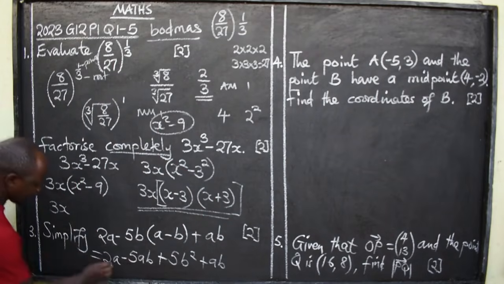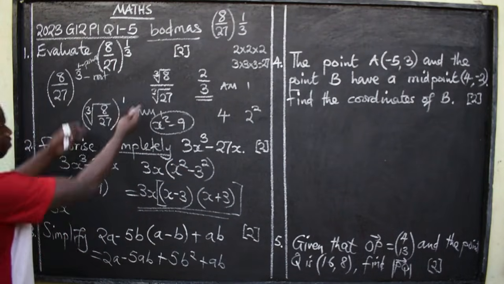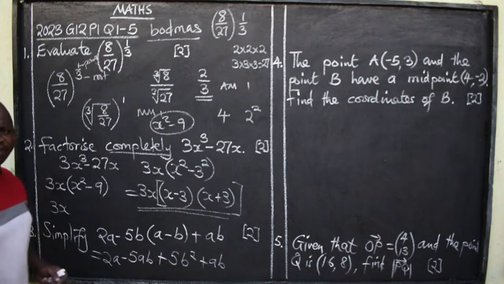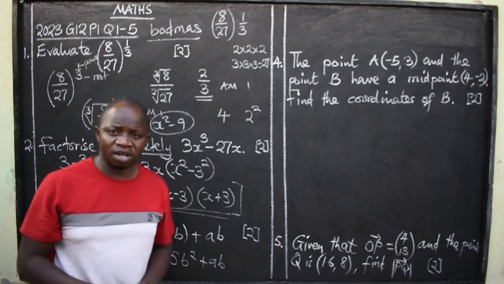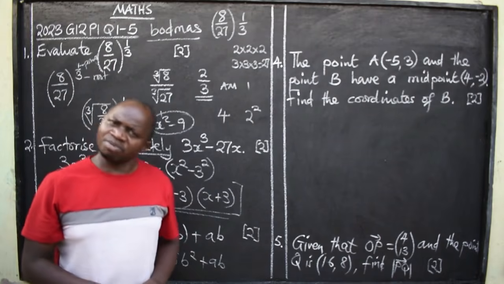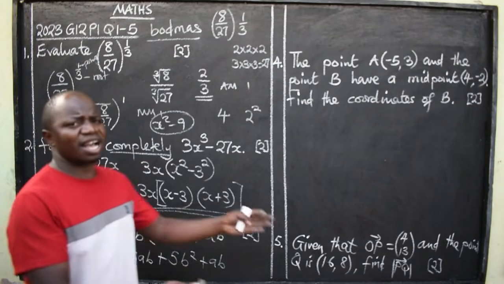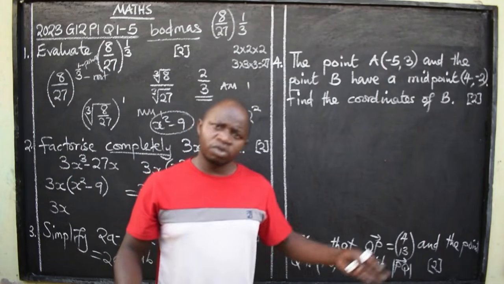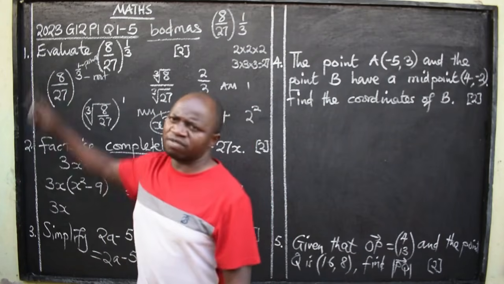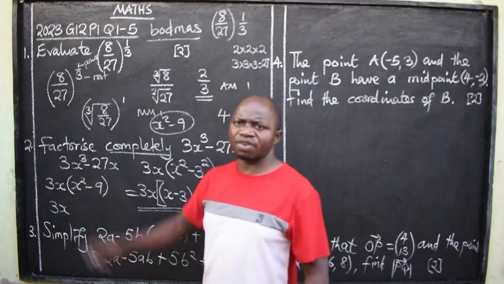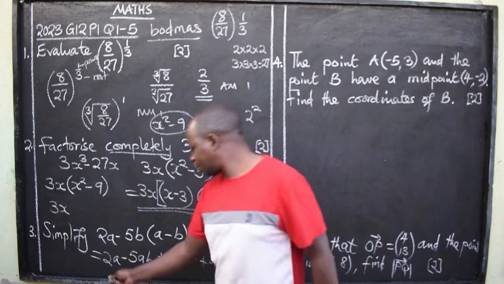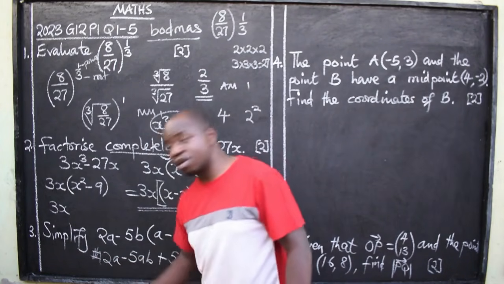You want to put this. Have you seen them somewhere here? That is wrong. That is wrong. I'll be able to tell you where equal sign should come, unless they're asking you to solve. You do that. Not when you're evaluating, not when you're factorizing, simplifying. You start putting equal sign. This is wrong.